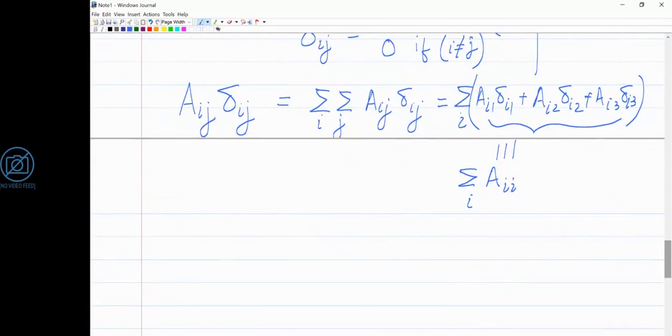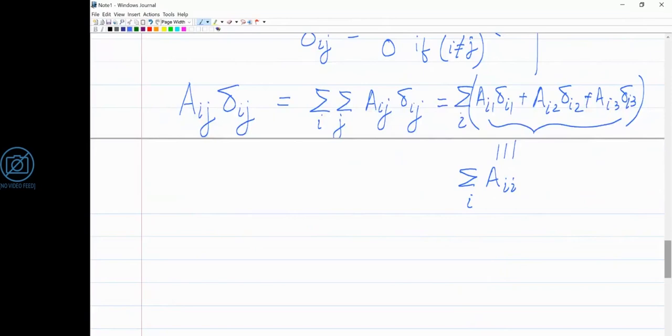So how did you convert from the right hand side, what you have written, a_i1 delta_i1 plus a_i2 delta_i2 plus a_i3 delta_i3, into a_ii? If we have a large number of terms, how will we directly go to a_ii?